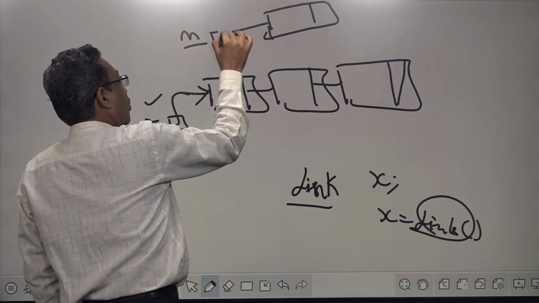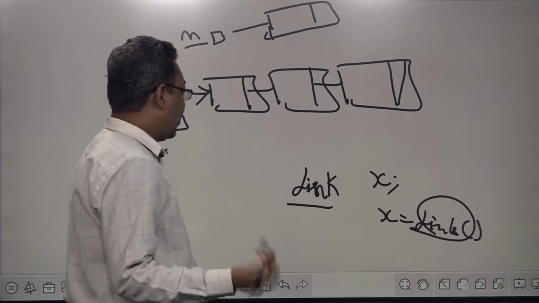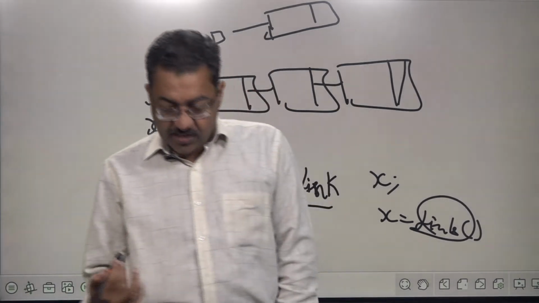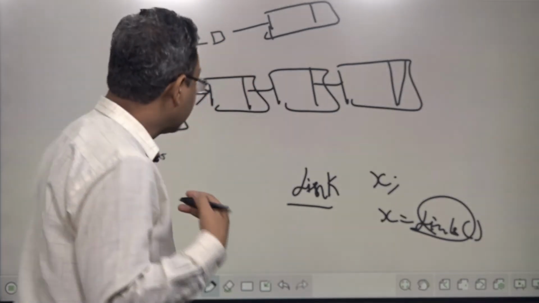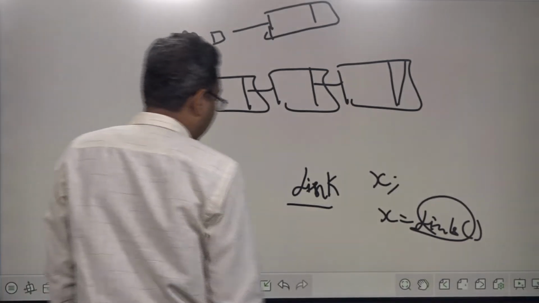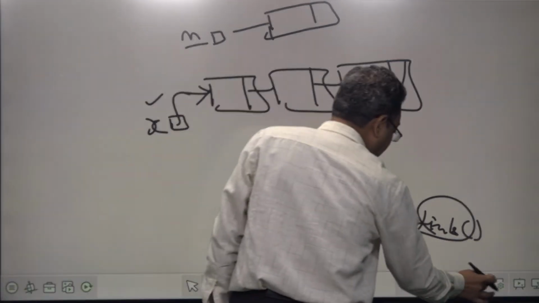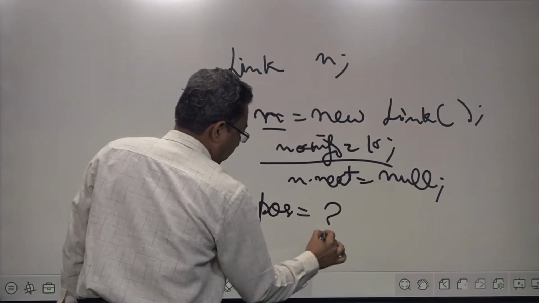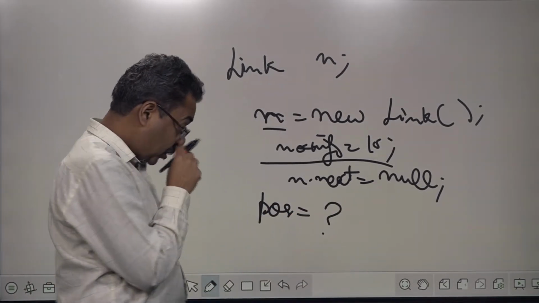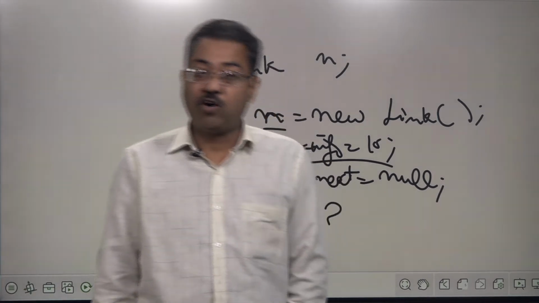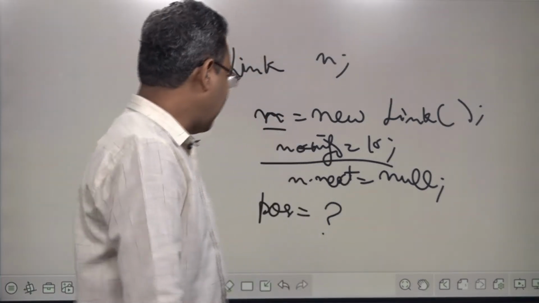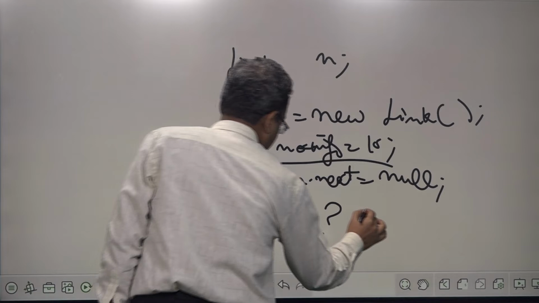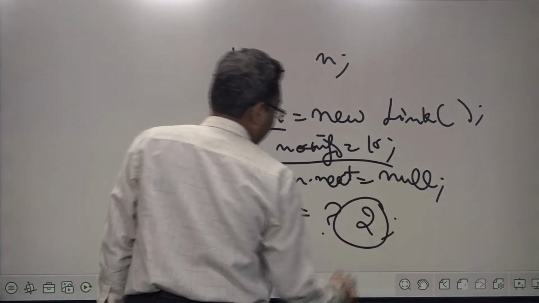Now, once I have created a new node, the next one is to insert it at the position. So what next do I have to ask for? Please tell me the position. That can be taken from the user using the object of the scanner class, or that can be fixed. Let's say I have given the position as 2.